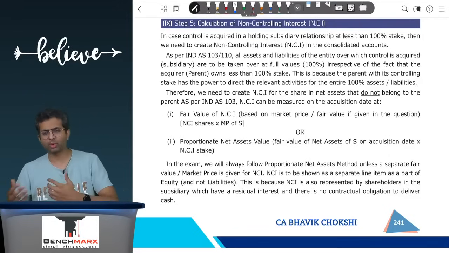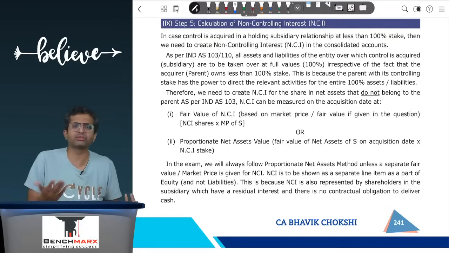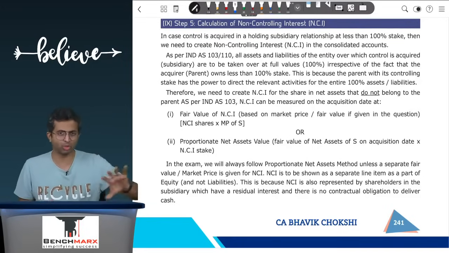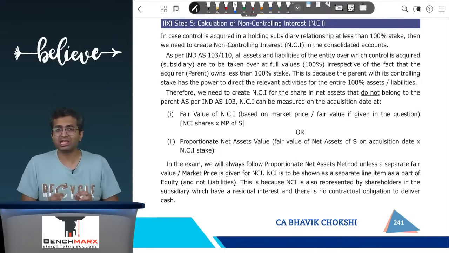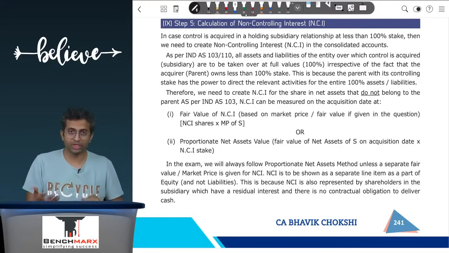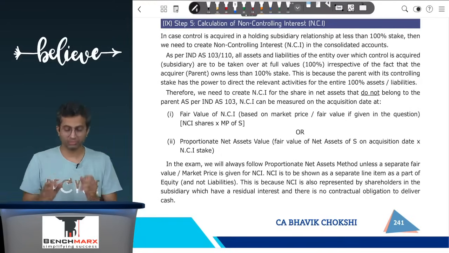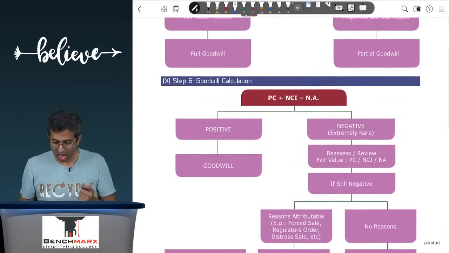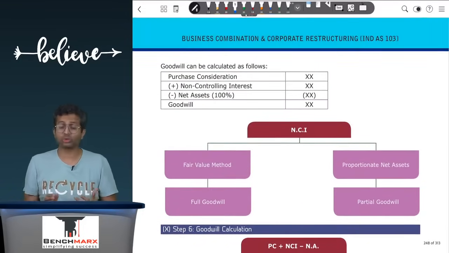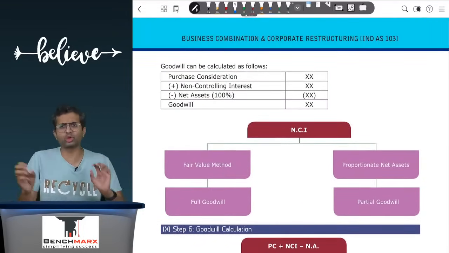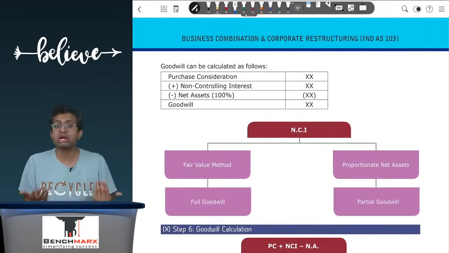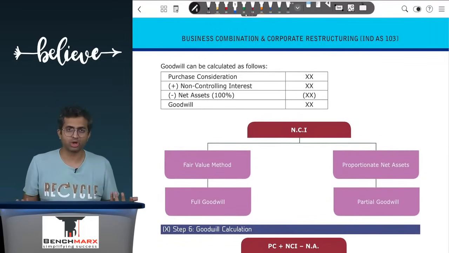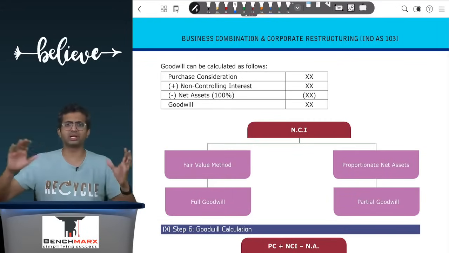Now, it may be possible that NCI's share of net assets is not 300, it is less than 300, but I may still have to pay 300 rupees, and hence, if I calculate goodwill, I will take the PC. So, how does goodwill get calculated? Goodwill is calculated as purchase consideration. Usually, you compare purchase consideration with net assets in case of amalgamation questions, because you typically take over 100% of the company that is getting amalgamated.